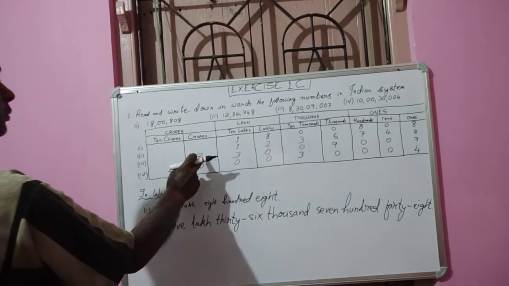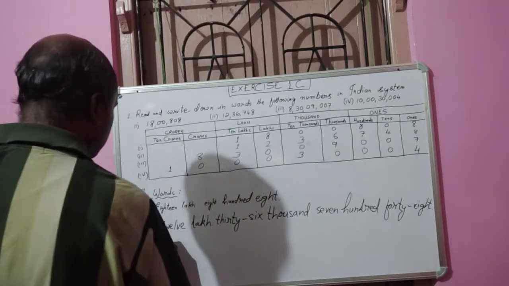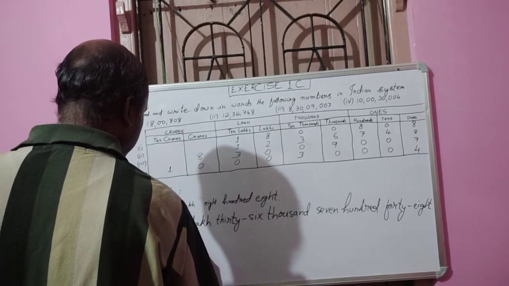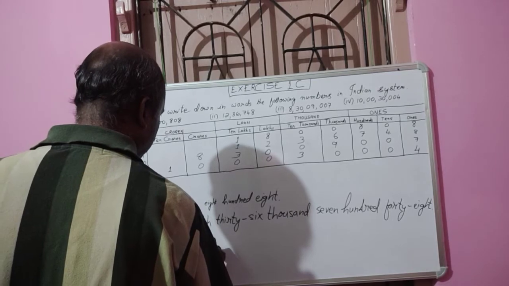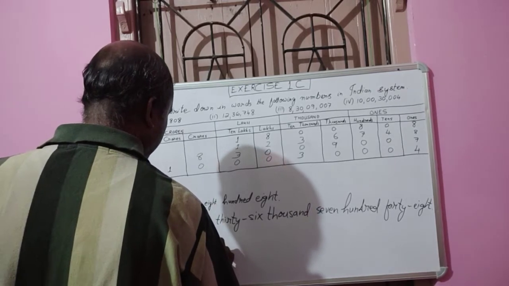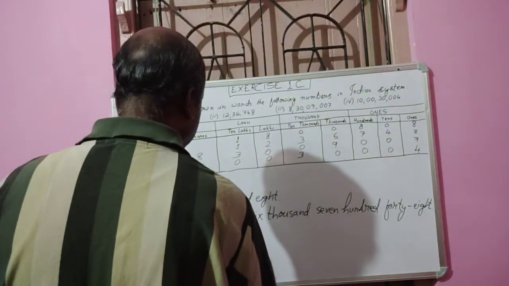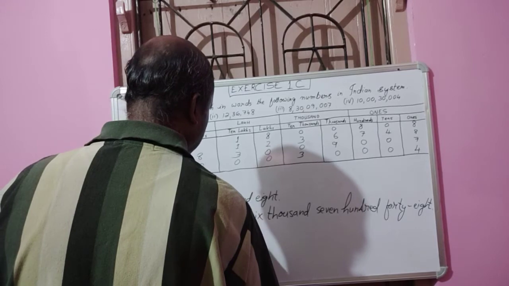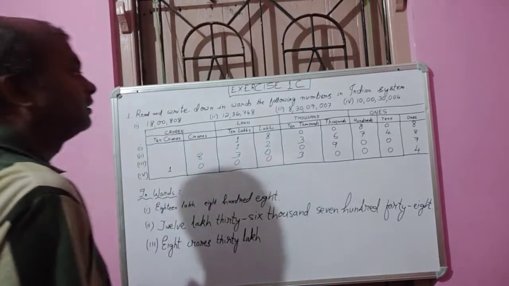Let's come to the third number now. In the third number we have crore. In the crores group we have 8. So 8 crore. Lakhs group we have 30 lakh.